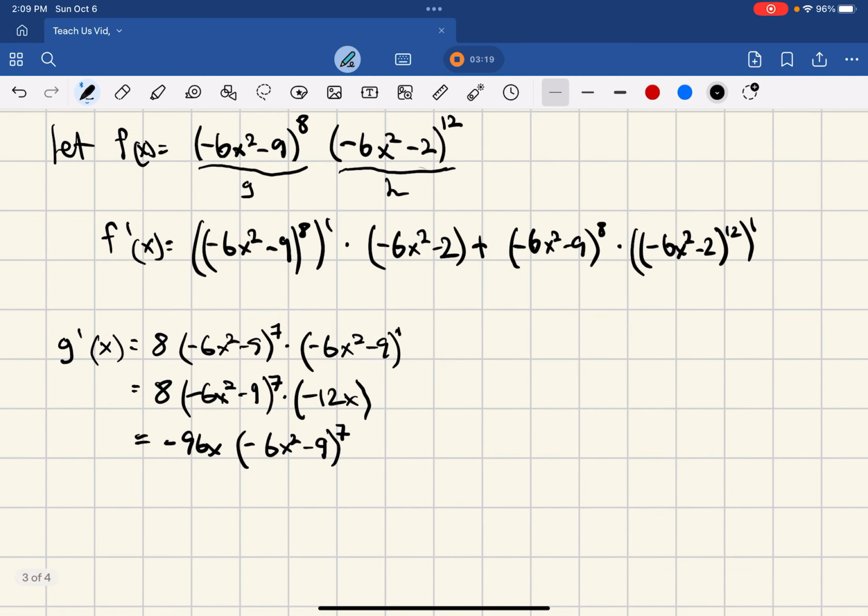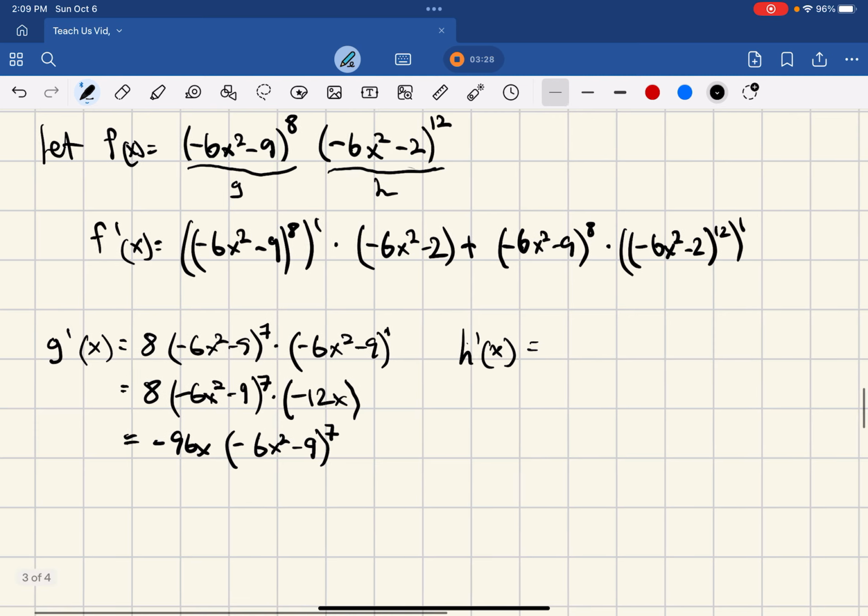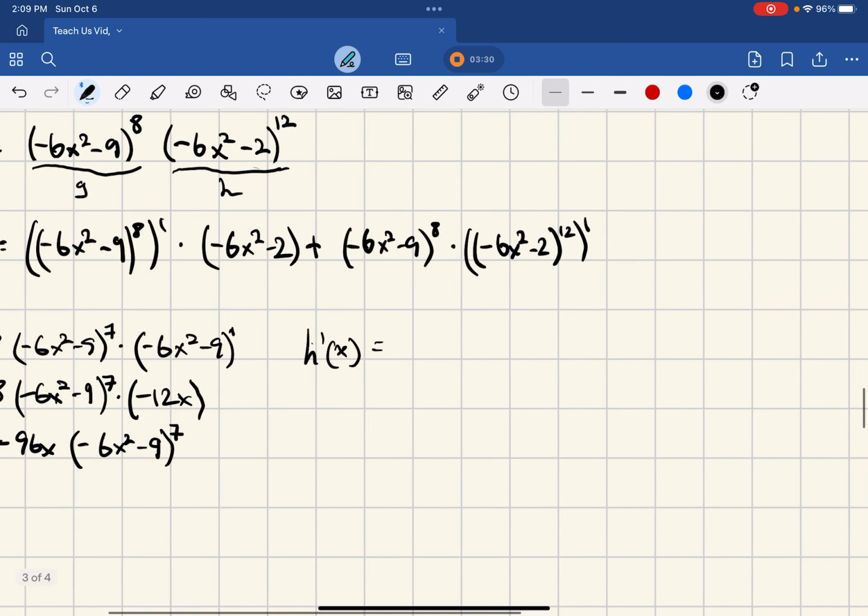And then we're going to do the same thing for the h function. So h prime of x. Looking at our second term, using the chain rule, take the power 12 in front. Everything else stays the same. And then the power over here becomes 11, times the derivative.